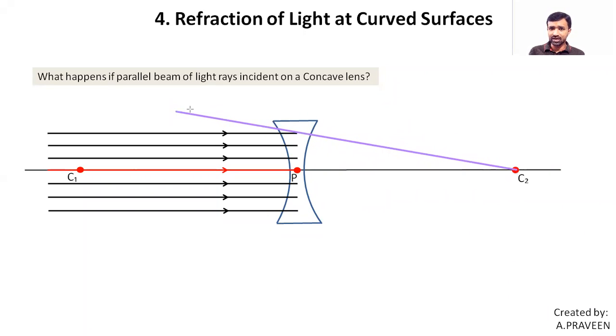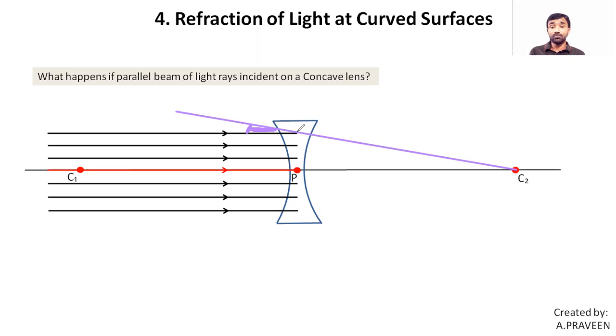So I have to draw the normal at the point of incidence from the second center. Then here you can see the angle of incidence, the angle made by the incident light ray, above the normal or below the normal. So where can you expect the refracted angle, above or below the normal? Above.